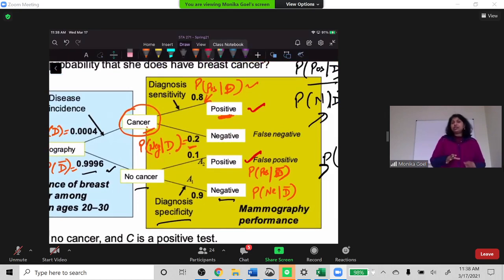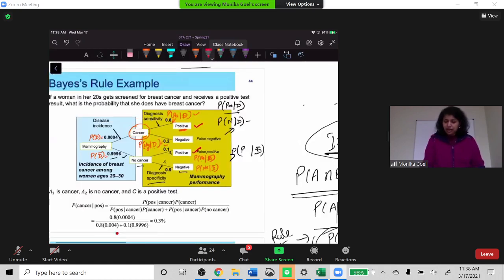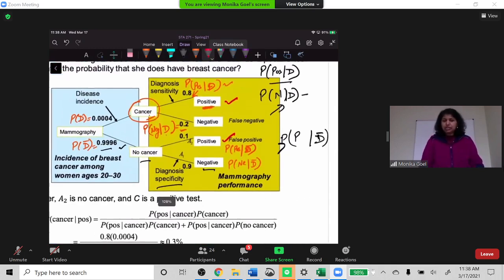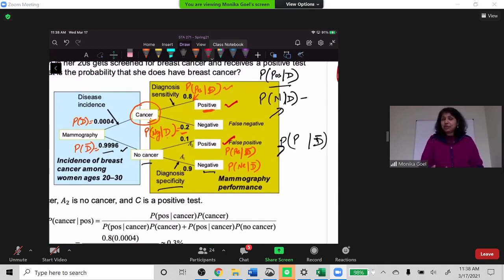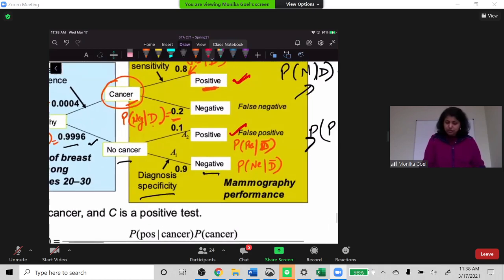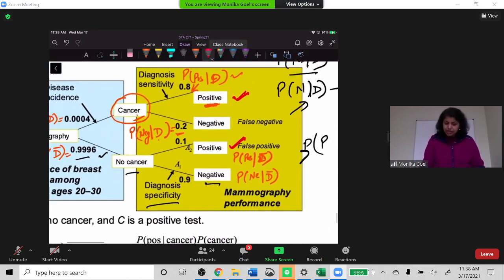So if the question is just asking what is the probability that the test comes out positive, like how we did, what is the probability of C? No matter what event we are talking about. So here we are saying what is the probability of the test coming out positive, no matter if there is a disease or not a disease. So we are just talking about these two things, right? The test can come out positive here and here.